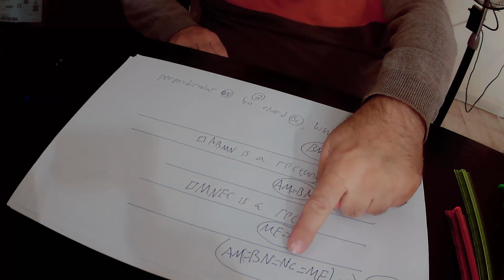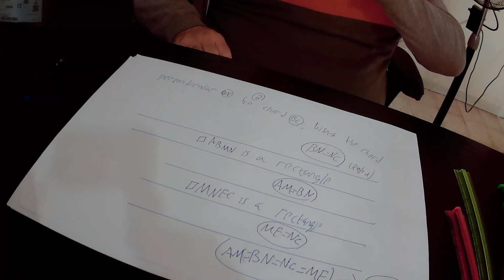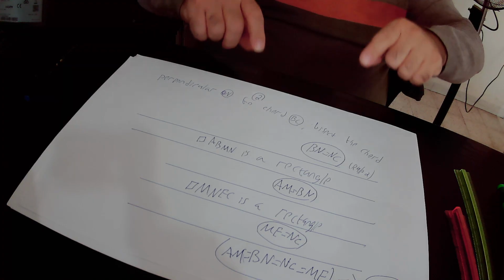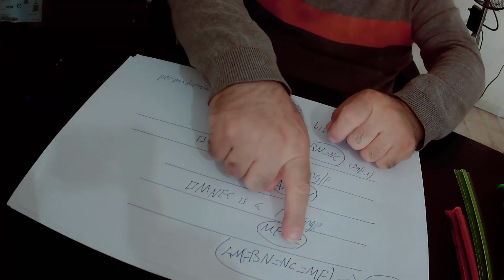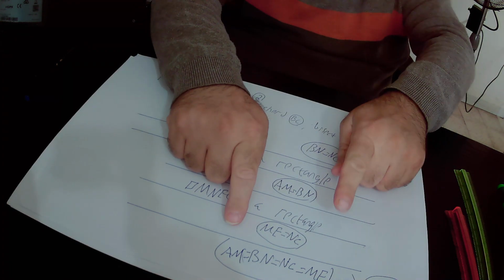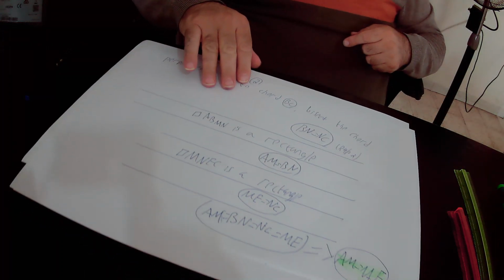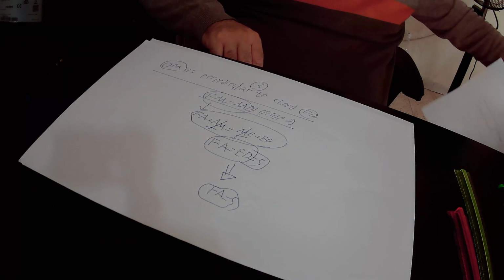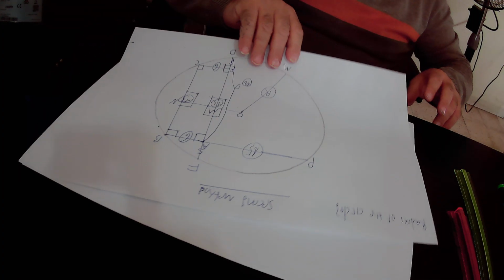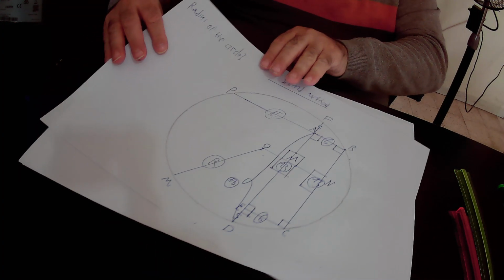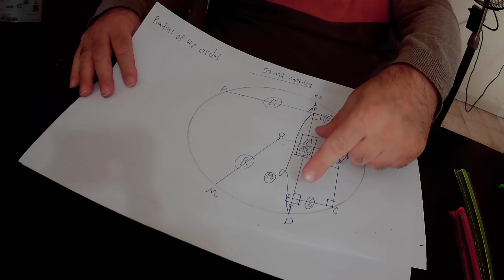So we can write here that NC equals ME. And from this long equation, AM equals BN equals NC equals ME, we will derive that AM equals ME. Side AM equals side ME.